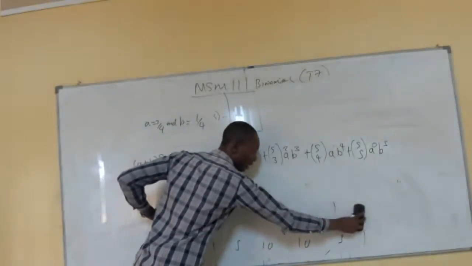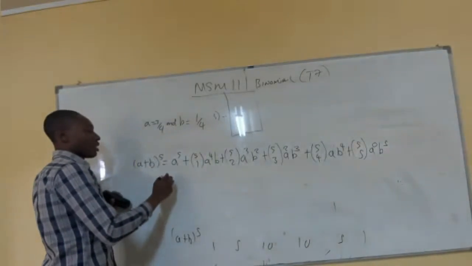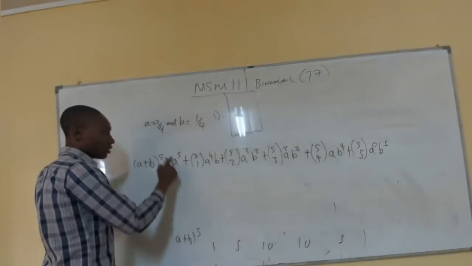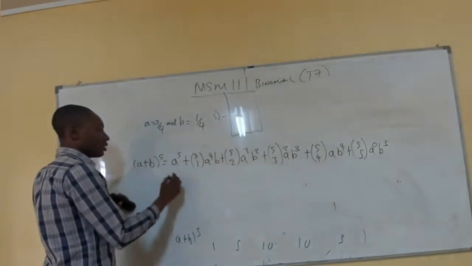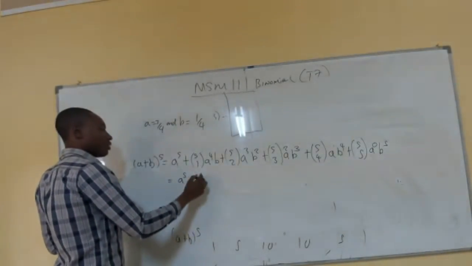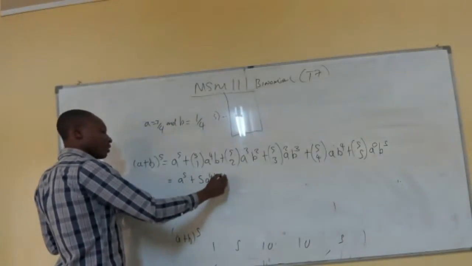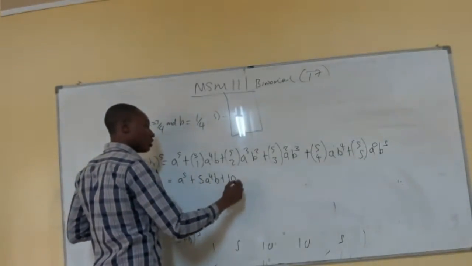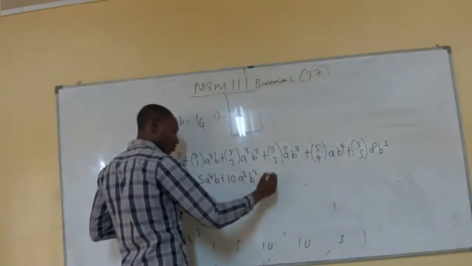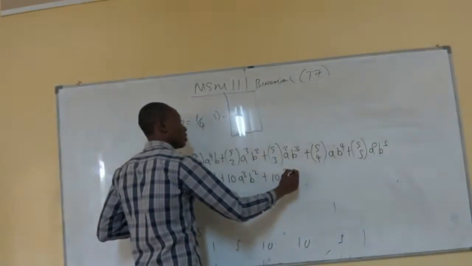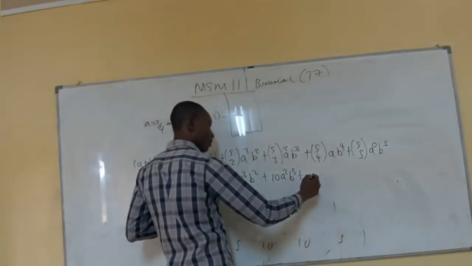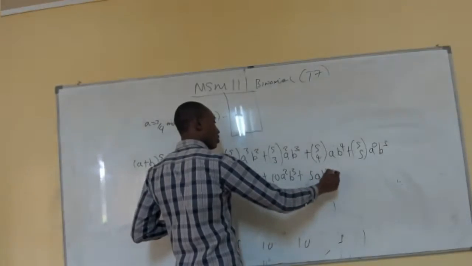By Pascal's triangle, 5 choose 0 is 1. So we have a to the power 5 plus 5 choose 1, which is 5, then we have 10 a^3 b^2 plus 10 a^2 b^3 plus 5 a b^4.